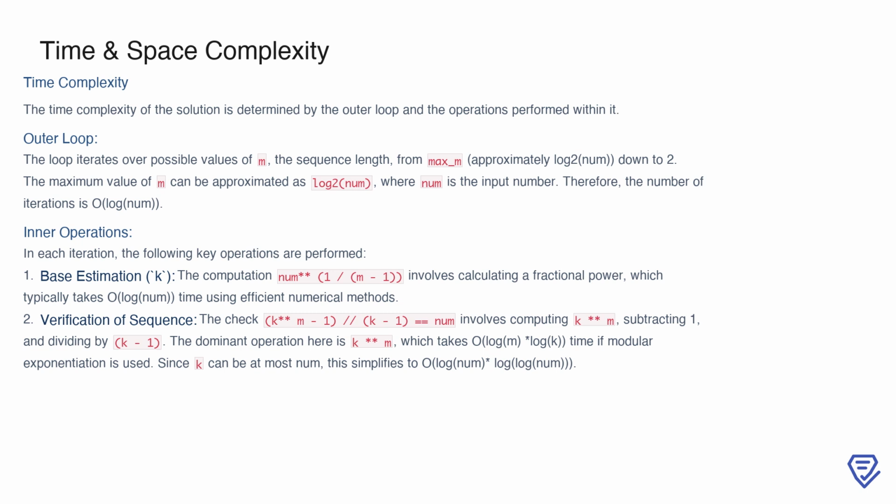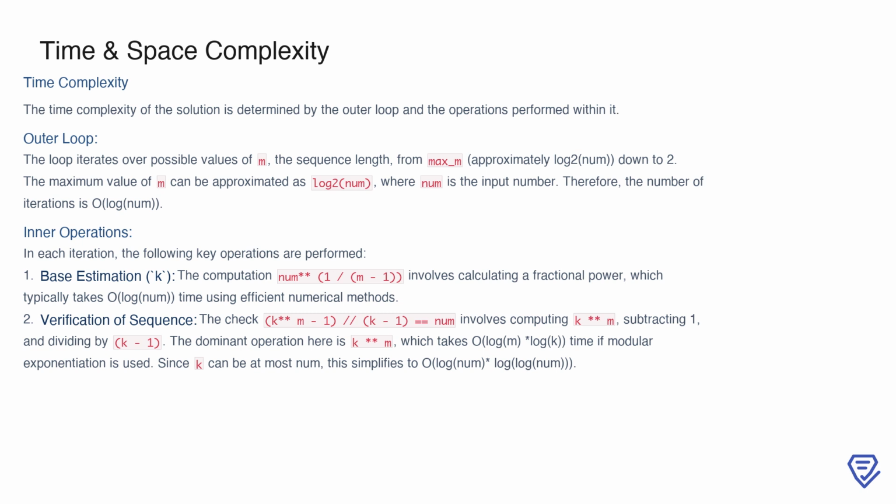Second, the sequence verification step evaluates whether the given base and sequence length produce the input number. This step includes calculating k^m, subtracting 1, and dividing by (k - 1). The most computationally expensive part is k^m, which, when using modular exponentiation, takes O(log m * log k) time. Since k is at most number, this simplifies further to O(log number * log number).